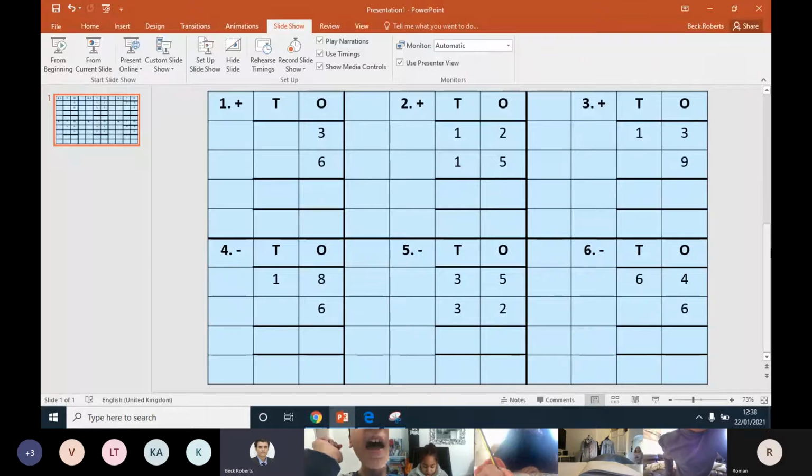Question 1 and 2 will be quite easy, I hope. Question 4 will be quite easy as well. But question 3 and 6 will probably be the more tricky ones. So don't worry if you find those ones a bit more difficult. We will do them together in a second.